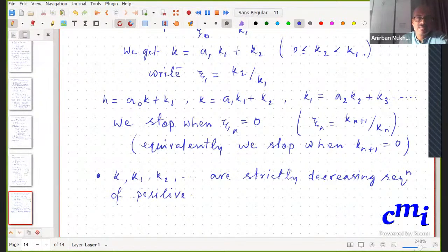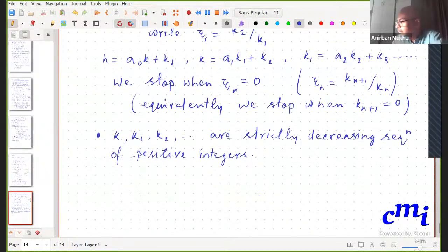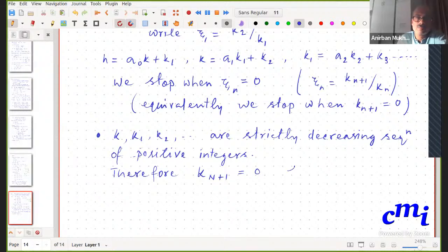Since they are strictly decreasing, they have to become 0 at some point. Therefore k of some n plus 1 has to be 0 for some n.